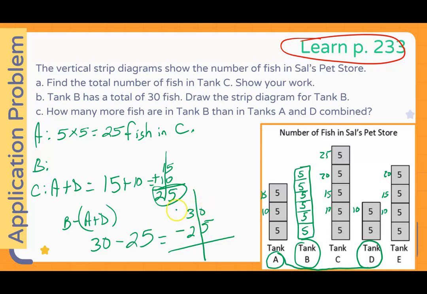I can't do that, I have to regroup. Go next door, 20 turns into 10. I can count up. 5, 6, 7, 8, 9, 10. 1, 2, 3, 4, 5. And 0. So 5. There are 5 more fish in tank B than in tank A and D combined.